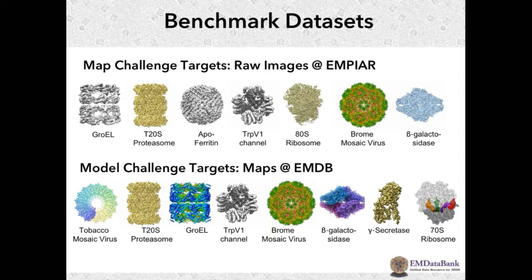So the benchmarks that were chosen, again, this was 2015 when we started. All of the map challenge targets are available as raw images in EMPIAR. It actually has been an interesting learning experience for me, just getting the process of contacting people and saying, hey, would you deposit your raw images in EMPIAR?